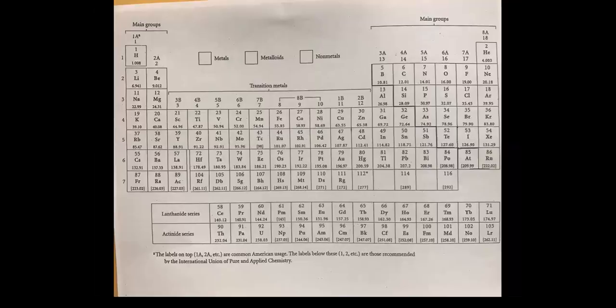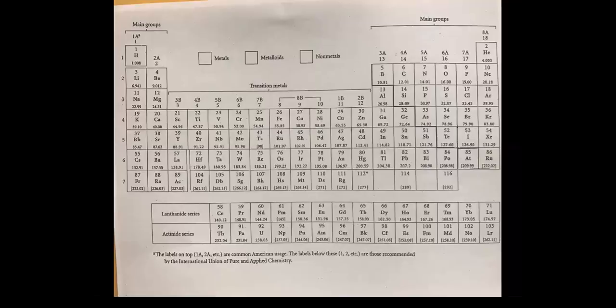And because these elements are very stable in their neutral state, which is where they have the same amount of protons and electrons, they're not going to react, they're not going to gain or lose electrons. However, other elements who want to gain and lose electrons do tend to react, and we'll talk about that. So other elements are going to gain and lose electrons in order to be stable like the noble gases.